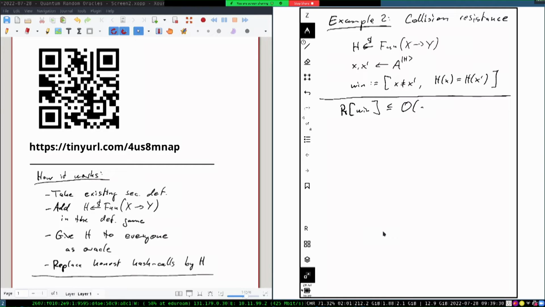So here we have that the probability of finding a collision in a hash function is q to the 3 over the size of the output domain. Classically, we would have q squared, so we do get differences. And by the way, this is also tight because there are algorithms that can do it this fast.